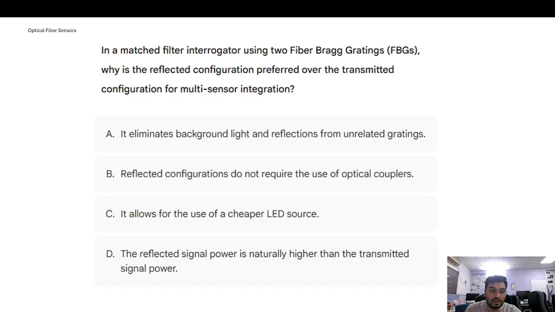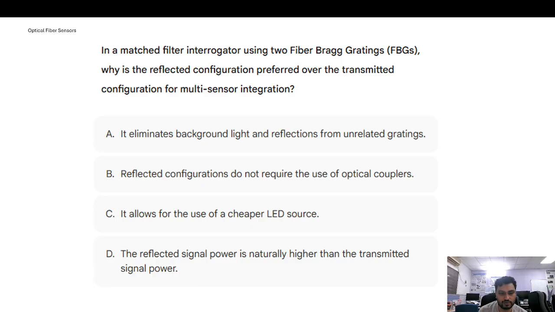In a matched filter interrogator using two fiber Bragg gratings, why is the reflected configuration preferred over the transmitted configuration for multi-sensor integration? Option A, to eliminate background light and reflections from unrelated gratings. B, reflected configuration does not require the use of optical couplers.